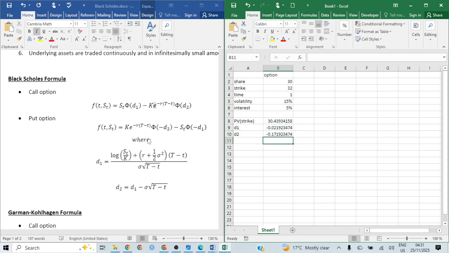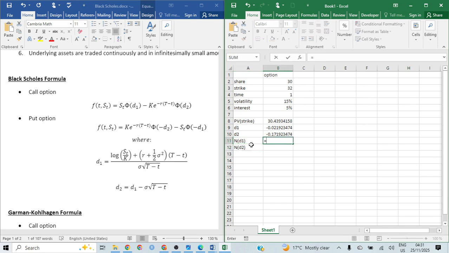Our question was asking about a put option, right? And this is the formula for the put option. So we'll go on to calculate now the phi of D2. But before that, we calculate phi of D1, and I'll write that as N(D1) and then N(D2).